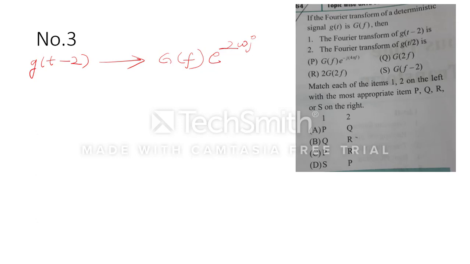Because it is in the form of frequency, it will become e to the power minus 4 pi f j. So we can see that for the first one, P will be the correct option.